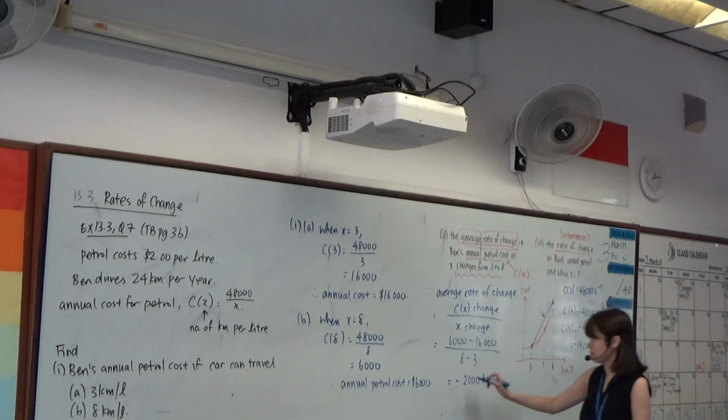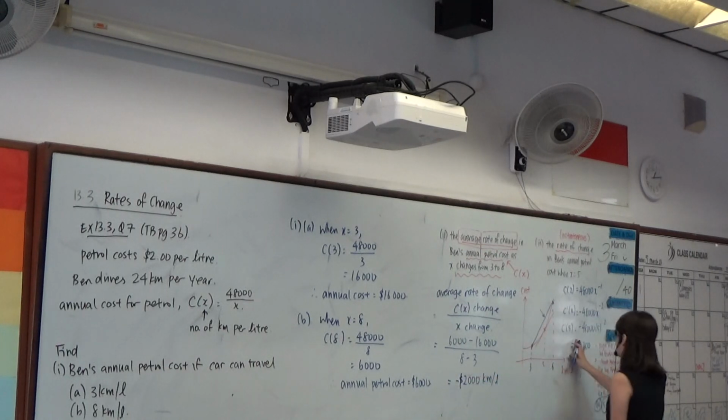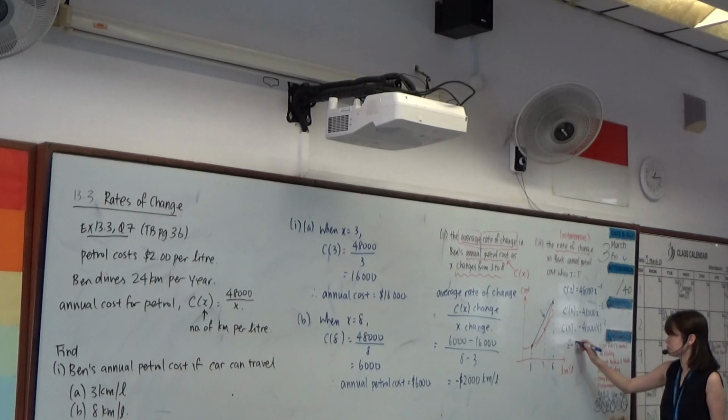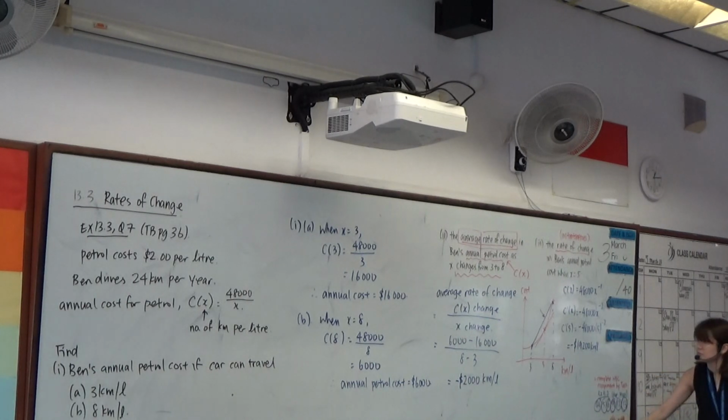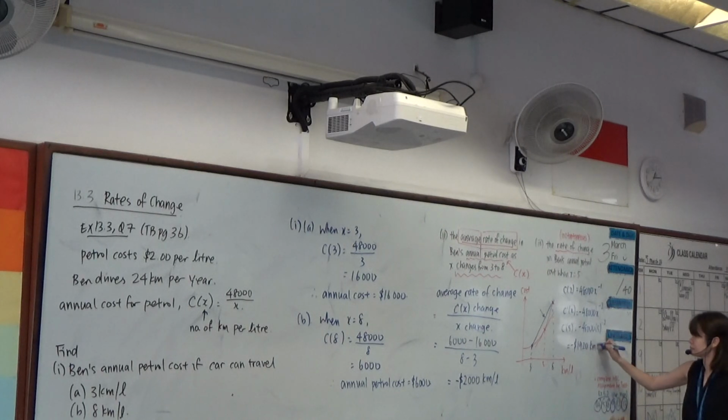Sorry, I missed out a dollar sign over here. Oh, sorry, extra 0. So our value for the rate of change will actually be negative 1920 kilometer per liter.